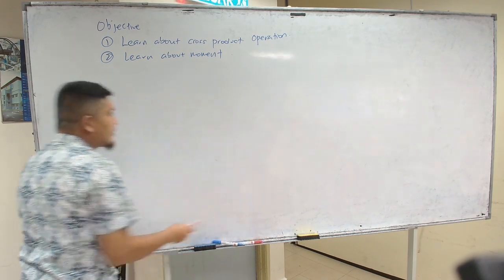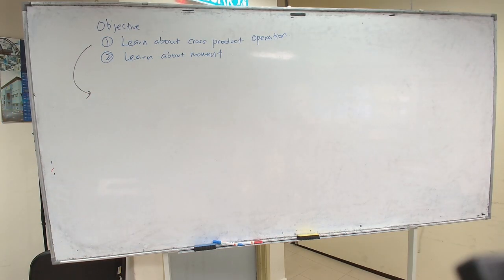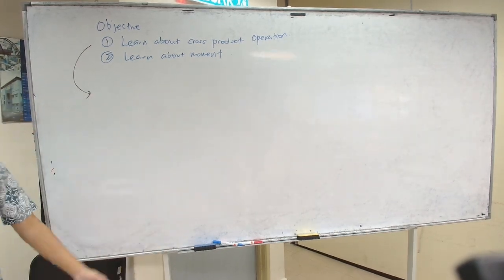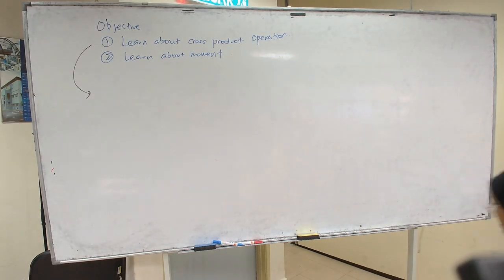Okay, so we go for the first objective, the cross product operation. For the cross product operation, we talk about moment.